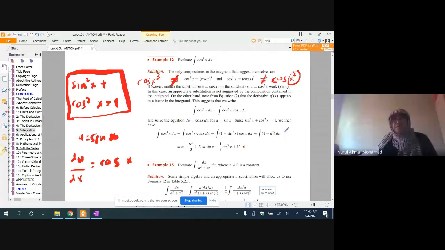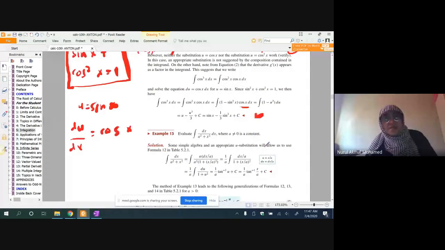The cos x cancels out, so what stays is 1 minus u squared. So the integral is u minus u to the power of 3 divided by 3 plus c. This is just the power rule. And then you substitute u as sine x, so u cubed becomes sine cubed x, and this is the final answer.